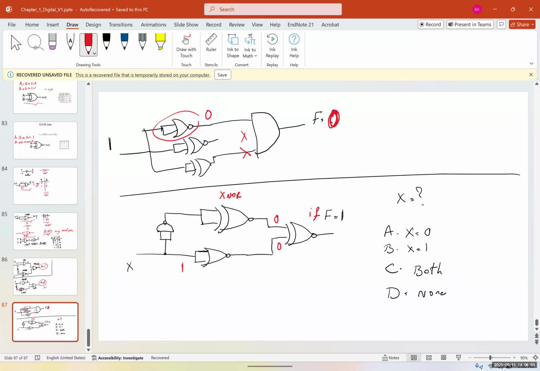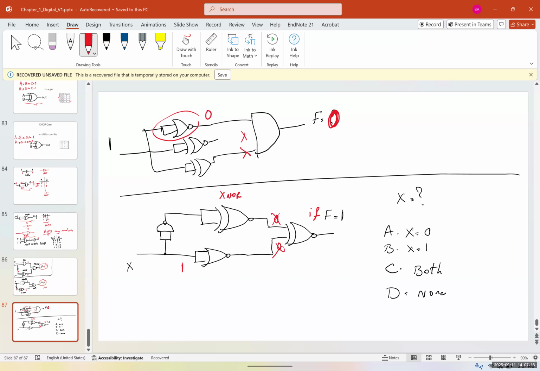And when the output is equal to 0, it means that A and B are different, which in this case cannot actually happen. So this is wrong.